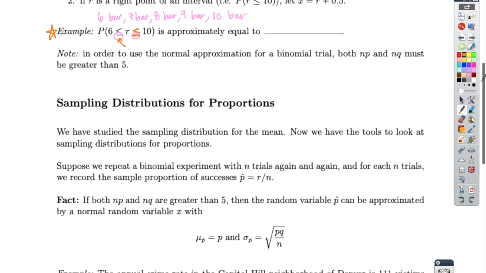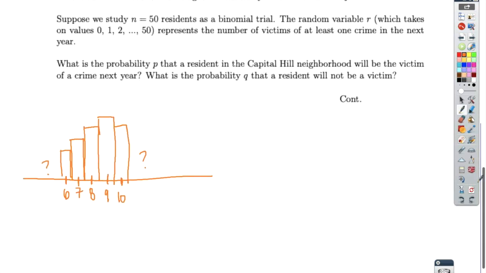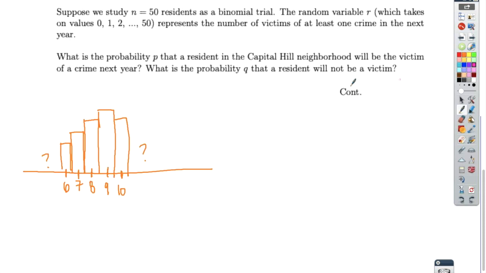Okay, so let's look at what this really means. If I want to find all of these areas, well, if I want to include the bar above 6, I can't actually start right here at 6. I can't start in the middle of a bar. Well, the bar above 6 actually starts at 5.5.